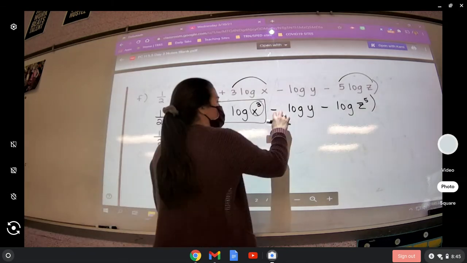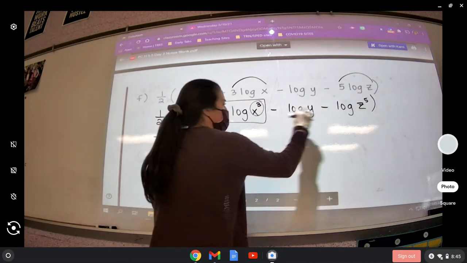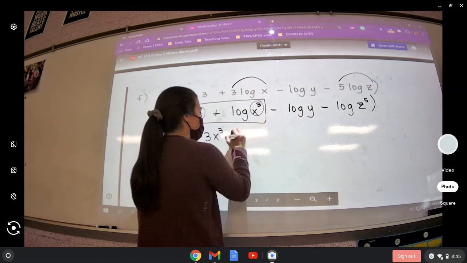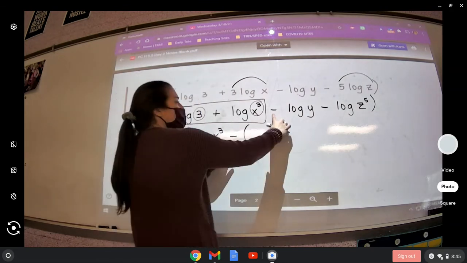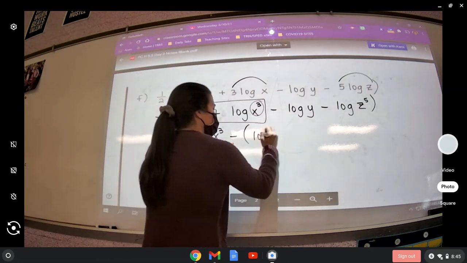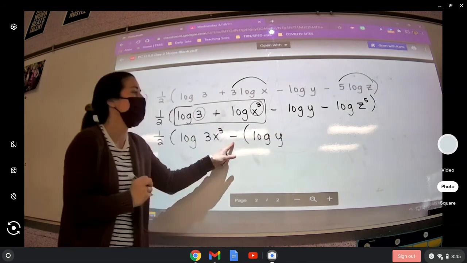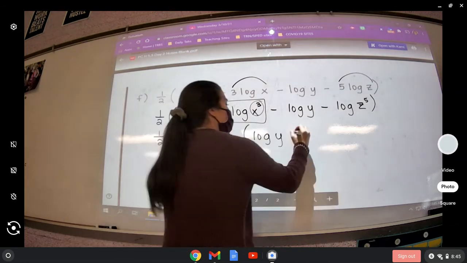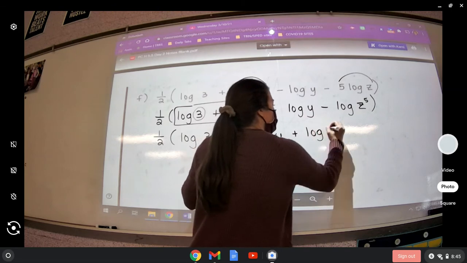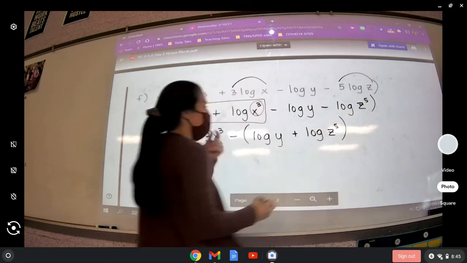So what I want you guys to do is factor out this negative. So it's going to be take out the negative and then what's left. If I factor out the negative, then a positive log y is left. And now factor out this negative and it's a positive log z to the 5th.